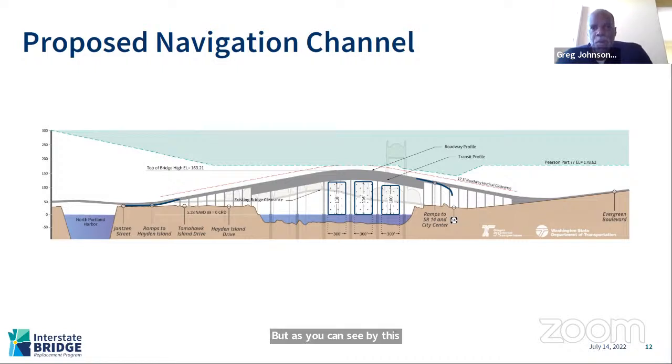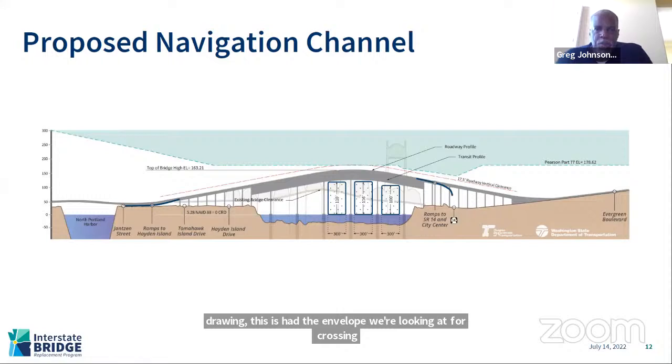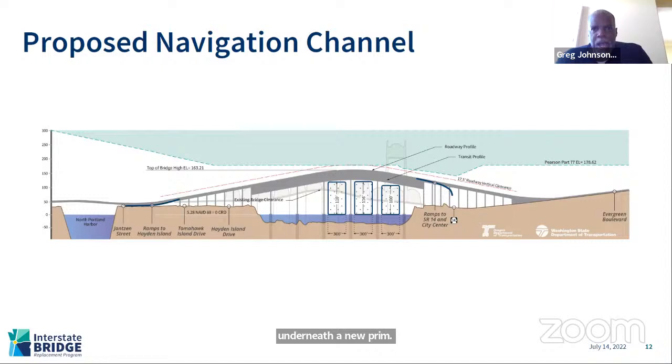As you can see by this drawing, this is the envelope that we're looking at for crossing underneath a new bridge. This shows what 116 feet would look like, and the shaded green shows the height of the existing bridge. We think that 116 feet takes into account all users of this corridor.